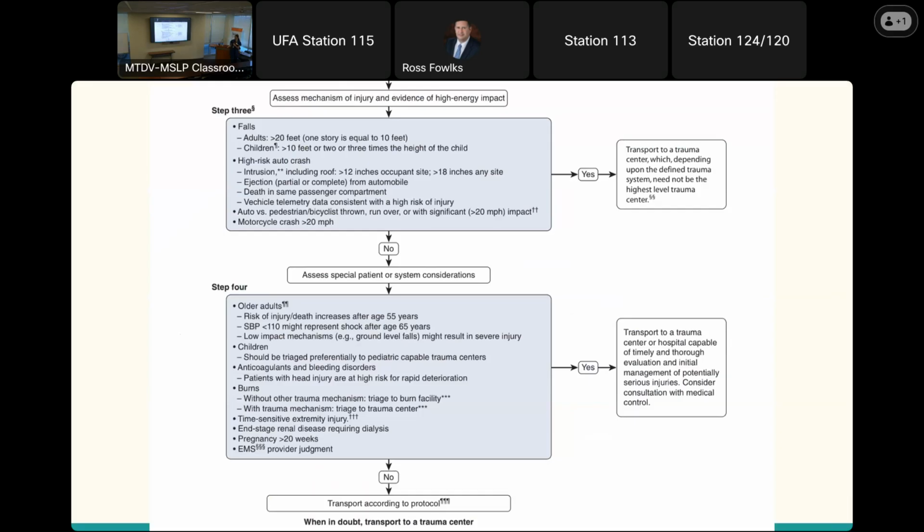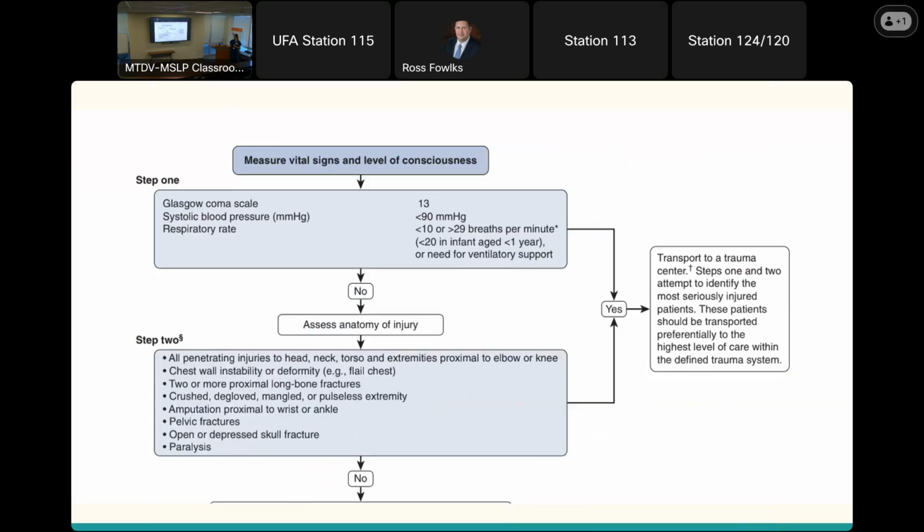Pretty much all trauma patients are going to a trauma center, some faster than others. I love at the bottom, when in doubt, transport to a trauma center. I think this is something I found from EMS-specific literature.